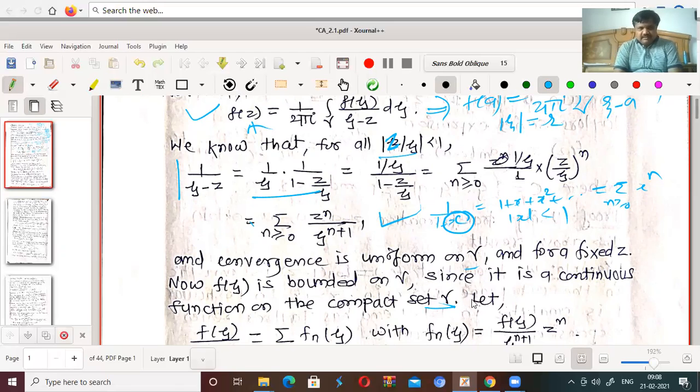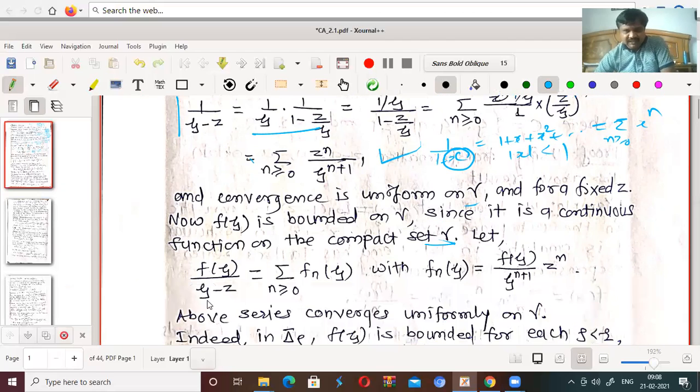Okay. Now let f(ξ)/(ξ − z) equal the summation over n ≥ 0 of fₙ(ξ), with fₙ(ξ) equal to f(ξ) zⁿ/ξⁿ⁺¹. Why are we saying that?